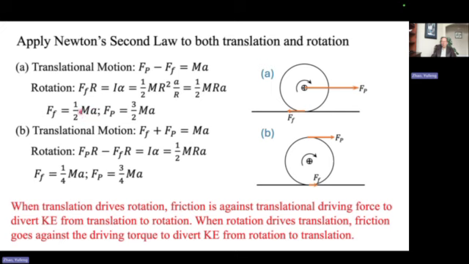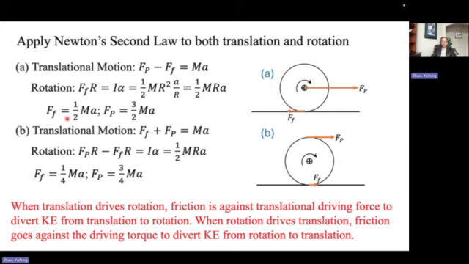Then plugging this equation into the first equation, Fp minus Ff equals ma, we get Fp equals 3/2 ma. So you can see now in this case, the pulling force equals 1.5 m times a, where a is the constant linear acceleration.